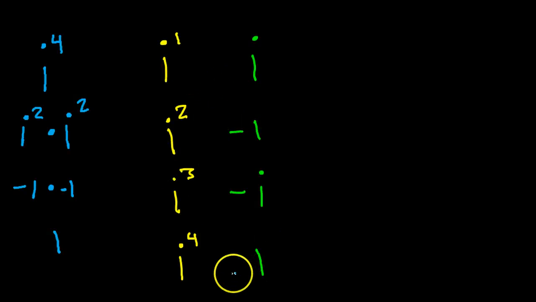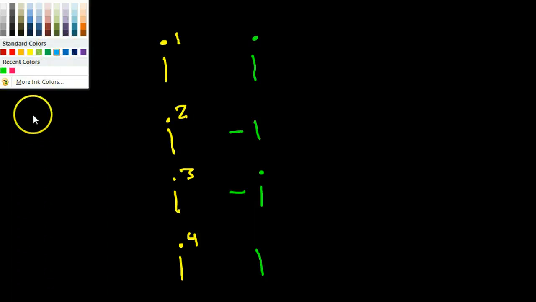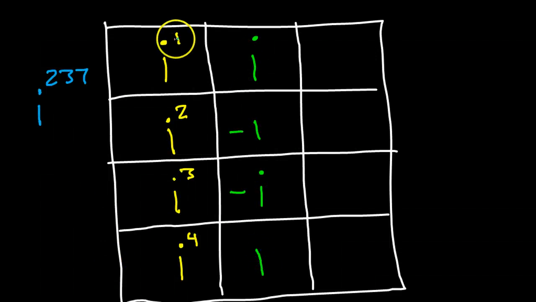Okay, so far we know this. Now, to finish this off, again, if I give you i to any random power, like i to the 237 power, we need a way of knowing which one of these 4 things it's going to be. Now, look at these yellow powers here. This will help us. There are 4 of these. Think of it as money, quarters. If you have 1/4, how much money do you have?